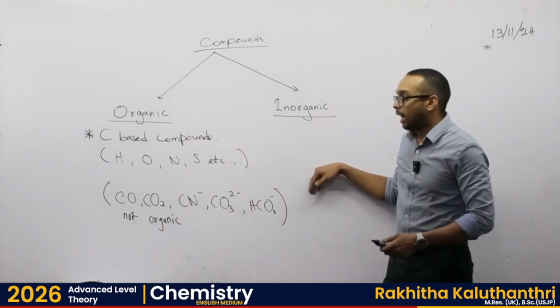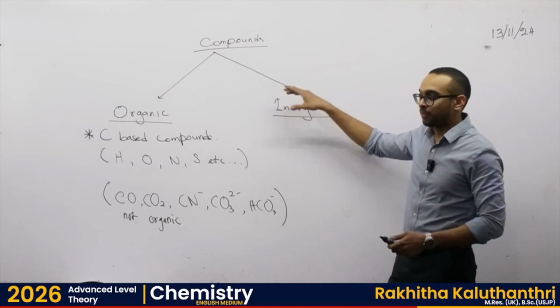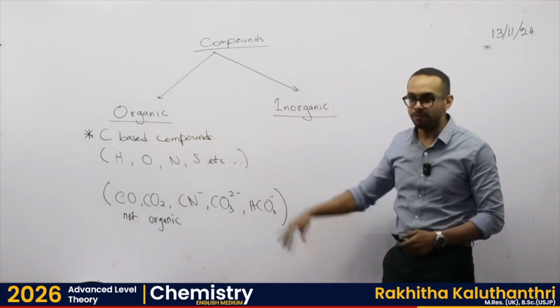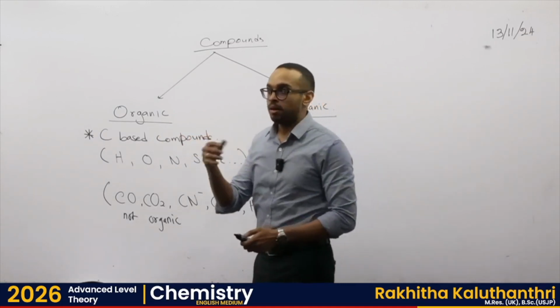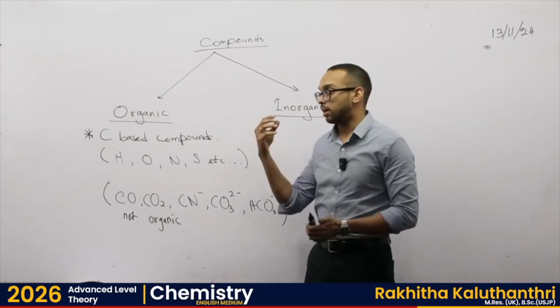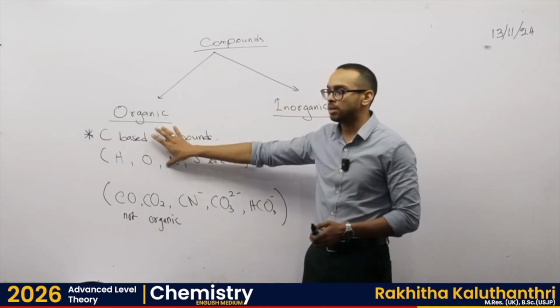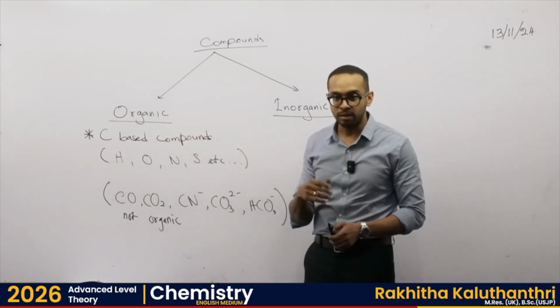Is that clear? And another thing that you need to keep in mind is, when it comes to inorganic compounds, everything else except for carbon based compounds are referred to as inorganic compounds. Everything else, right? So like ionic compounds, molecules, right? Different types of simple molecules, molecular compounds, everything except for carbon based compounds are going to be coming under inorganic compounds, right?